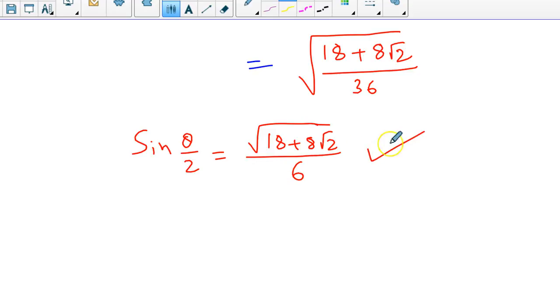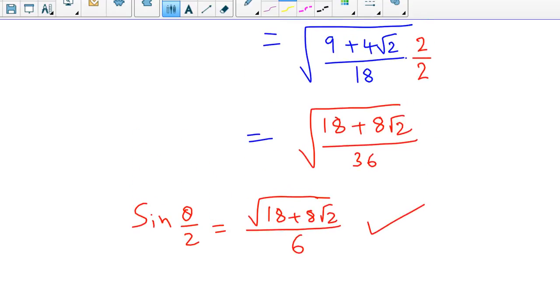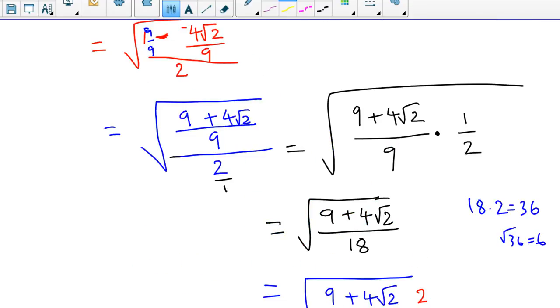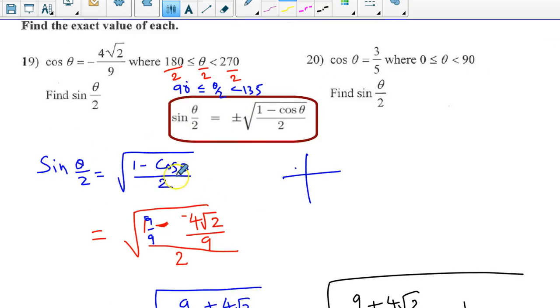So that is my answer for sine theta over 2. So let me quickly go back for a second and see, this is the formula. Substituted, mainly trigonometry is here.